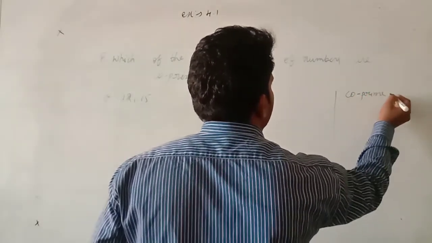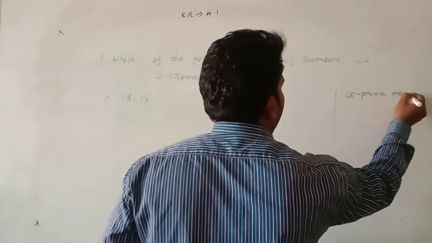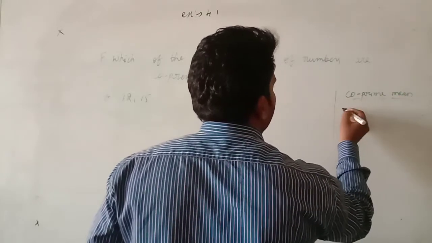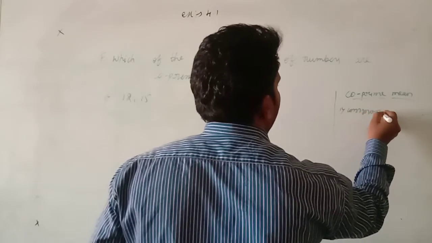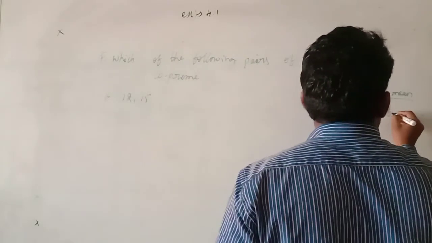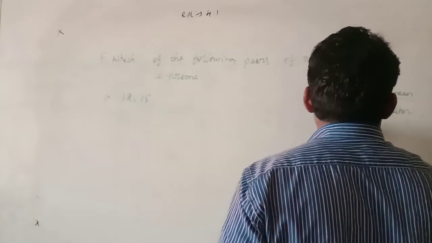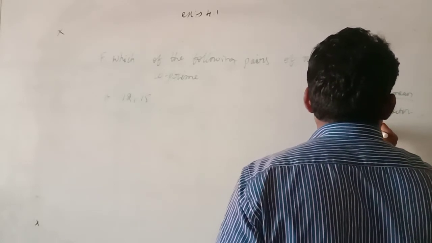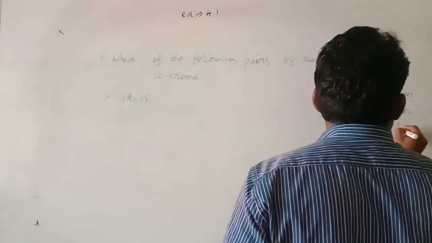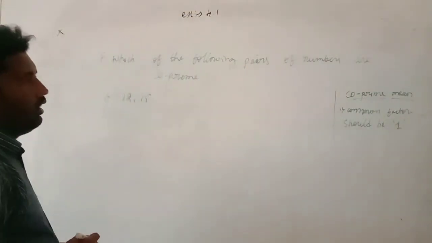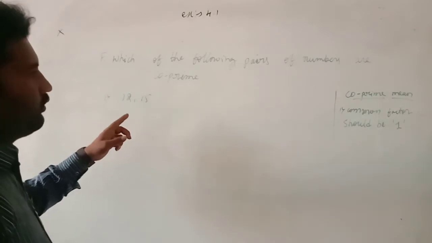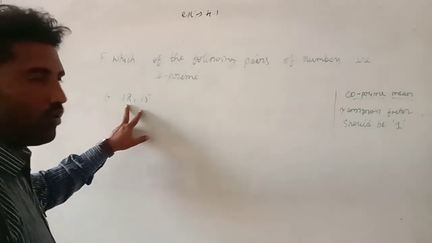Co-prime means the common factor should be 1. Okay, then only we can decide the numbers are co-primes.